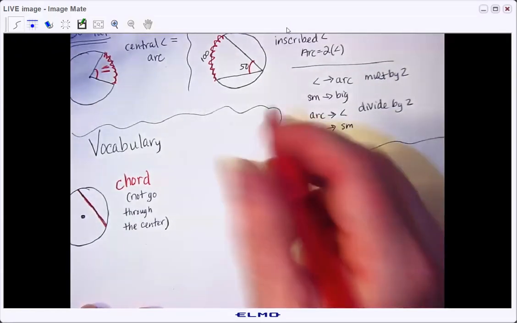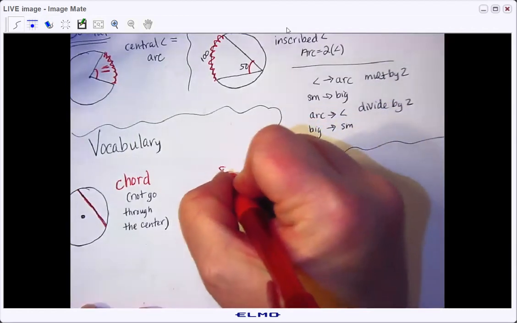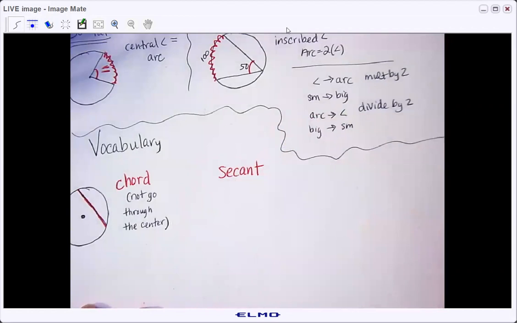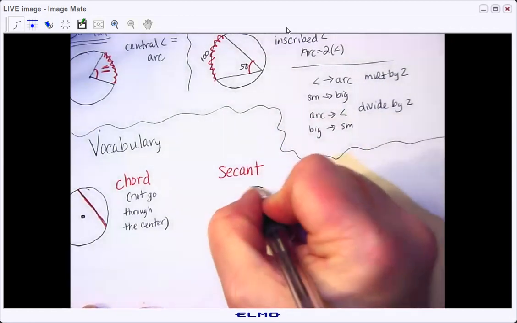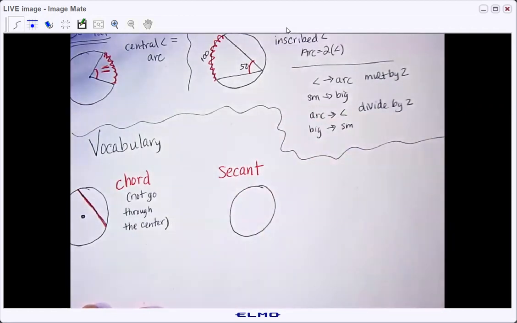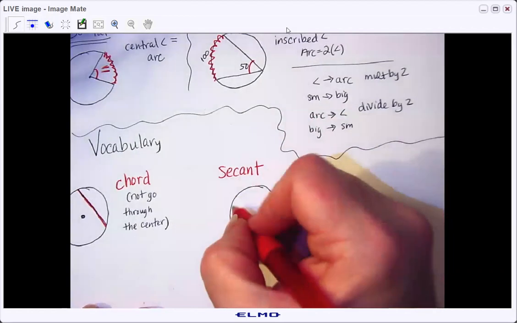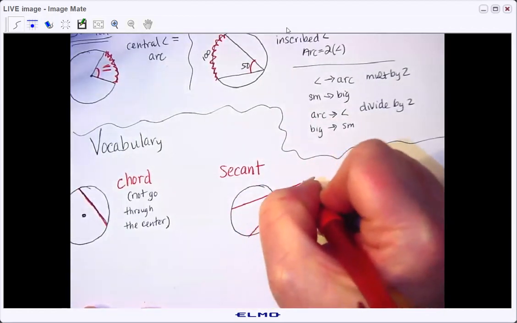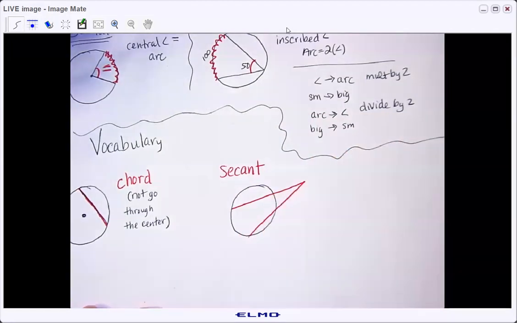The next one is a secant, kind of written as secant. Secants are the line segments that go through and out of the circle.